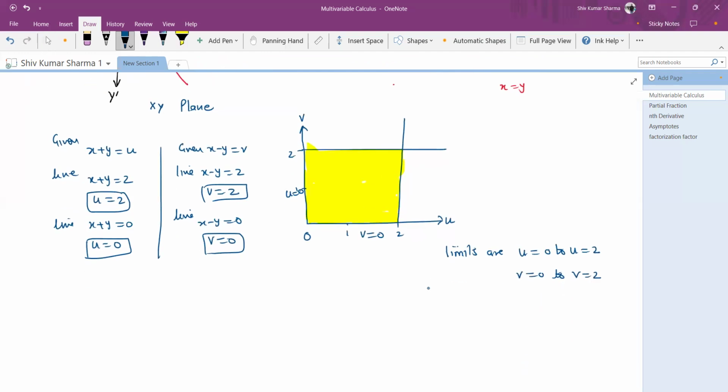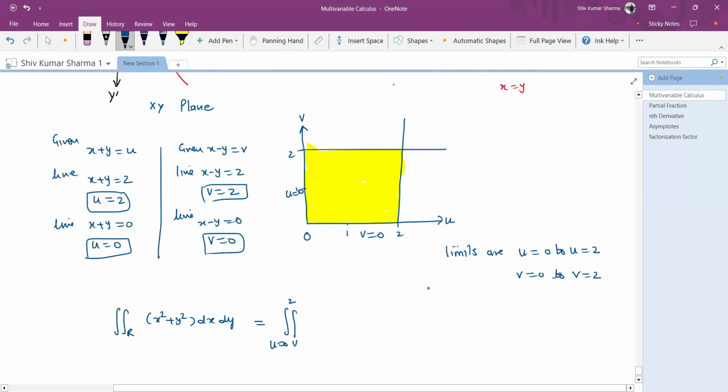The integral over the region R of x square plus y square dx dy can be written as a double integral, u from 0 to 2, v from 0 to 2, of x square plus y square.